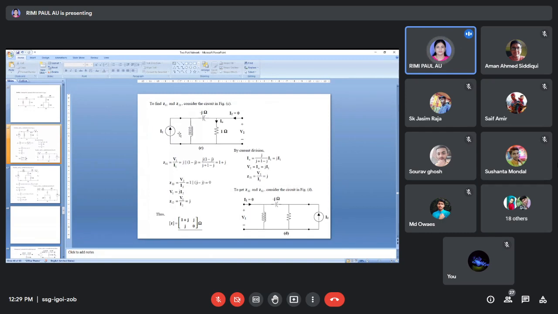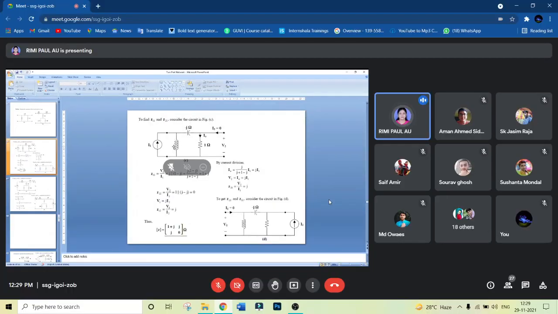So if I provide supply V1 here, then current I1 is flowing through this path, and here this is open circuit, so we can measure V2, right?